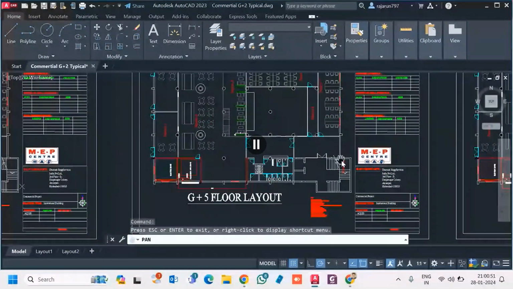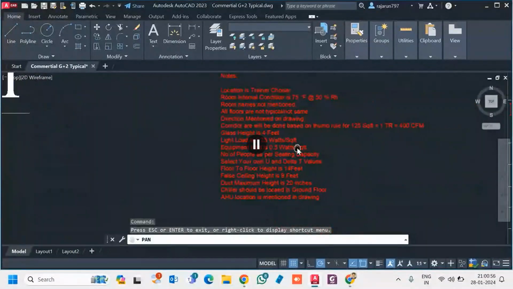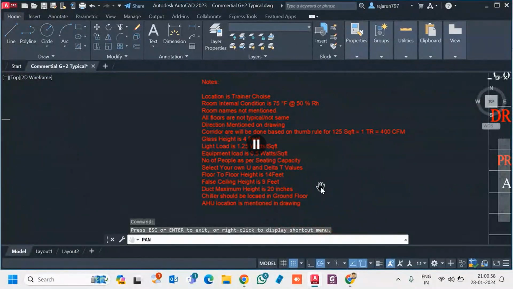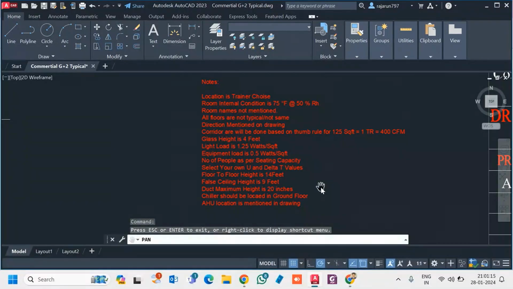You zoom it. There you have all the properties. So how many people will you take? You take people with respect to the shades available there.